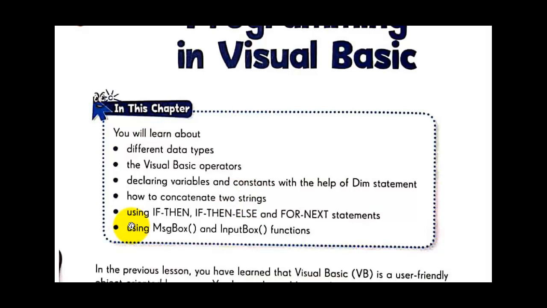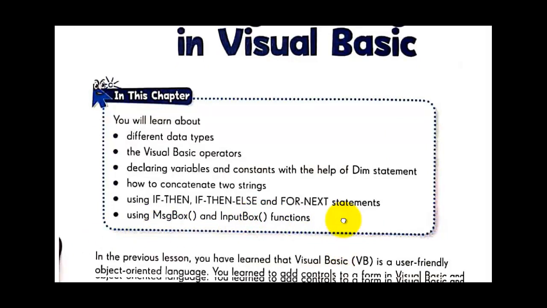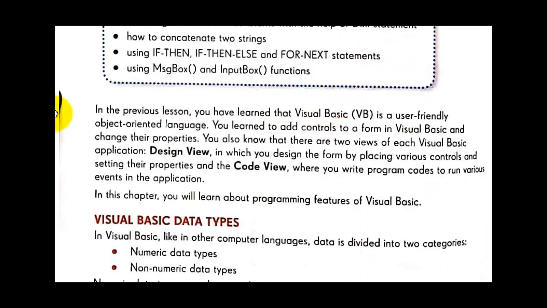And the If Then statement, If Then Else statement, and For Next statements, these all we are going to study in this chapter number 7, programming in Visual Basic. And using the message box and input box functions, this also we are going to learn. Now let's start our chapter here.